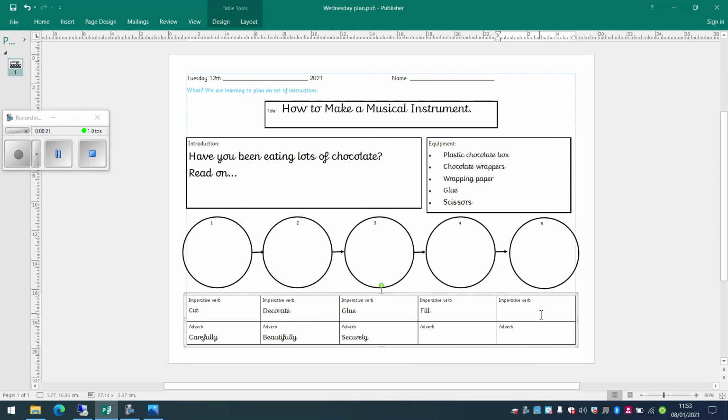And finally, I placed the lid back on the box. So place is my imperative verb. And my adverb is tightly, because I don't want it to fall off.